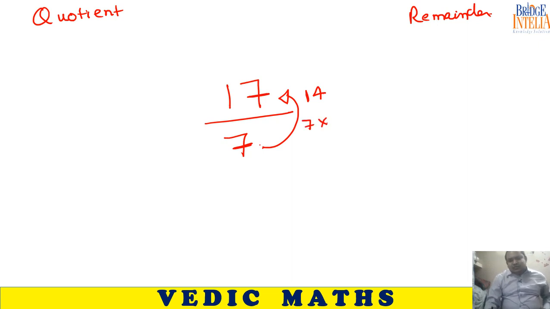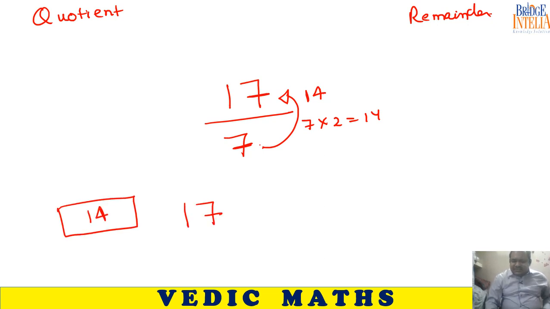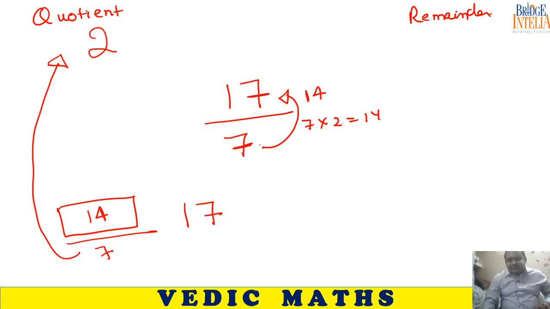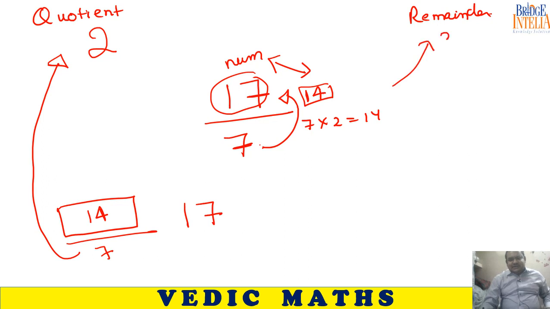So 7 twos are 14. Out of 17, division is possible up till 14. If you divide 14 by 7, two complete divisions can be done. So the quotient is 2. What is the concept of remainder? Division can take place only up till 14. The given number is 17. The difference of these two is 3 extra. So 3 is the remainder.